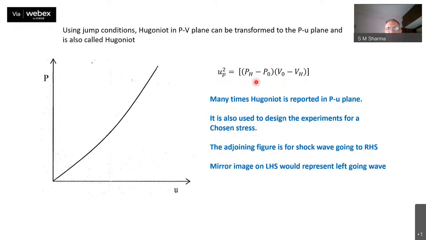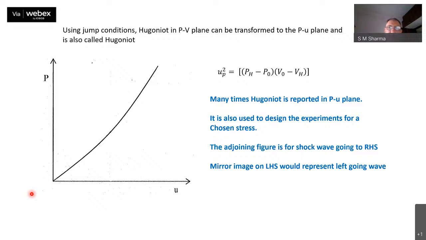So U square is equal to P minus P naught times (V naught minus V). So one can therefore convert the pressure-volume curve into a pressure-particle velocity curve. And we will discuss, in some of our later talks, the relevance of this curve. So the Hugoniot, as one talks about, could either be represented in the PV plane or in the PU plane.